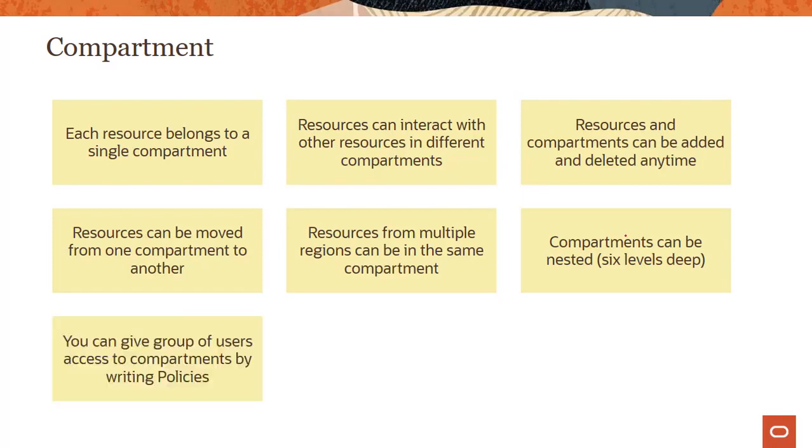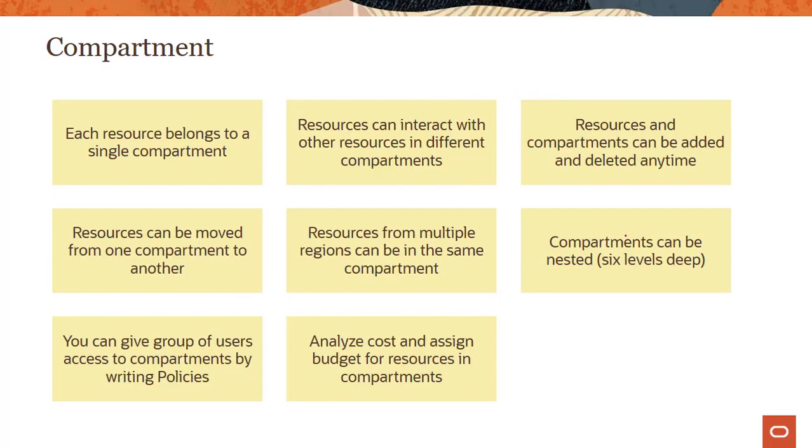You can give groups of users access to compartments by writing policies. That's one of the key reasons why you have compartments in the first place. And then you can analyze cost and assign budgets for resources in a compartment. Very important. You could roll up a compartment and see how much it costs to run the resources in it. You could give a budget and say it should not exceed that particular threshold for a particular compartment.